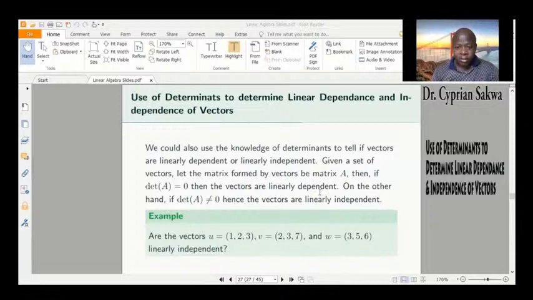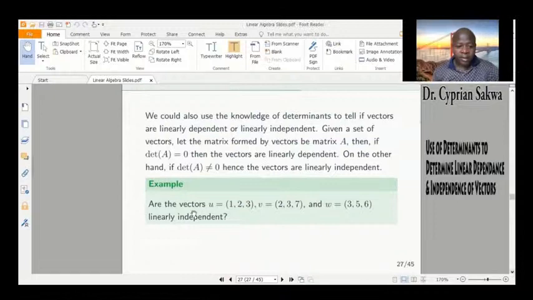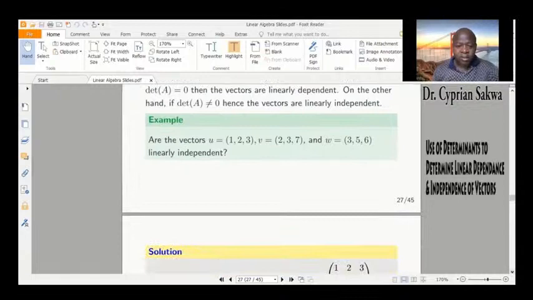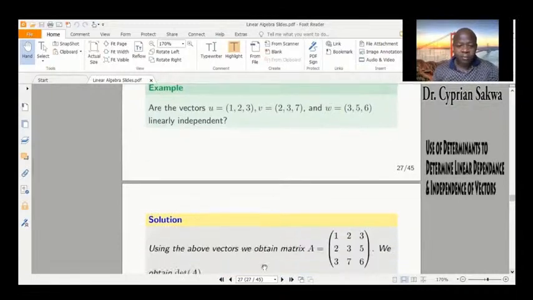So I just want to use an example to make this clear. The example that we have is that of these vectors u, v, and w. The question is, are they linearly independent? So I form a matrix using these vectors.